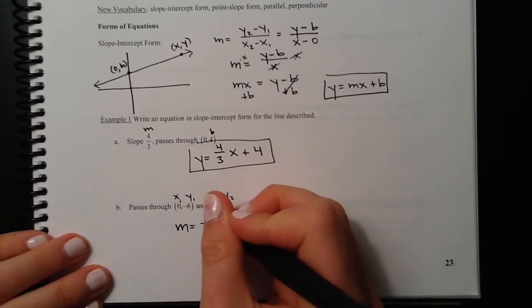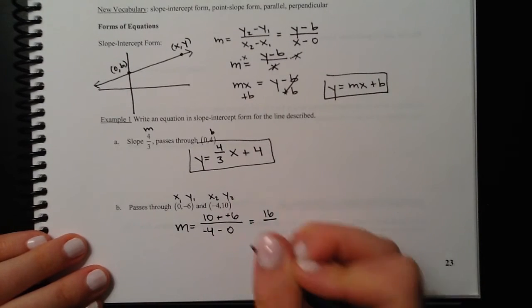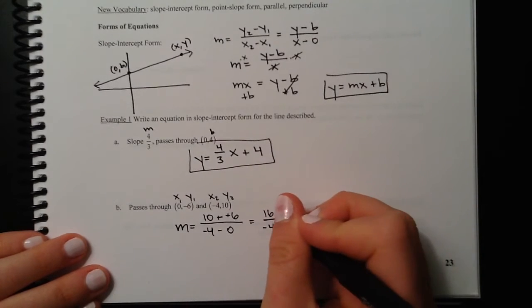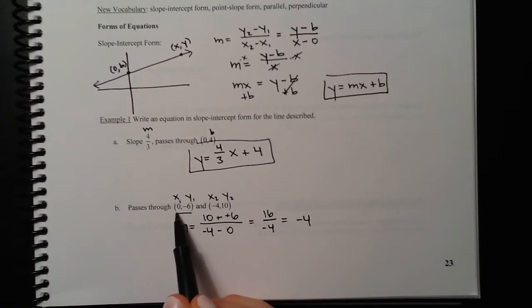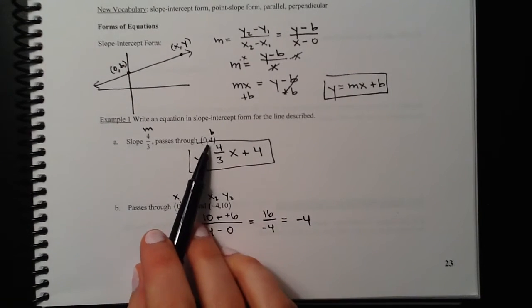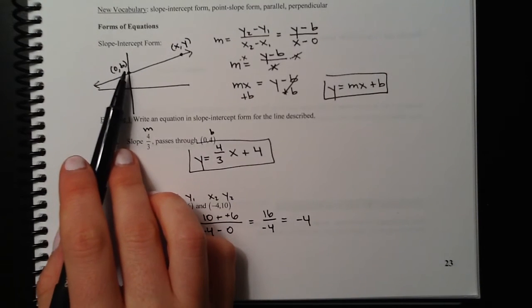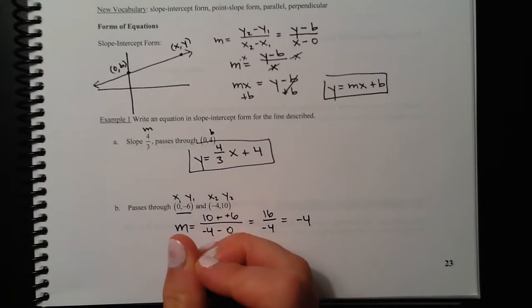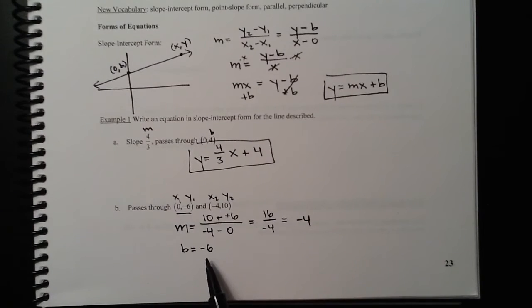Remember, this turns into plus a positive, so we've got 16 in the numerator, and negative 4 in the denominator, and 16 divided by negative 4 leaves us with negative 4. So that's our slope. And if you look closely, this is actually our y-intercept. If you have 0 for x, that means this is your y-intercept. So my y-intercept is negative 6.